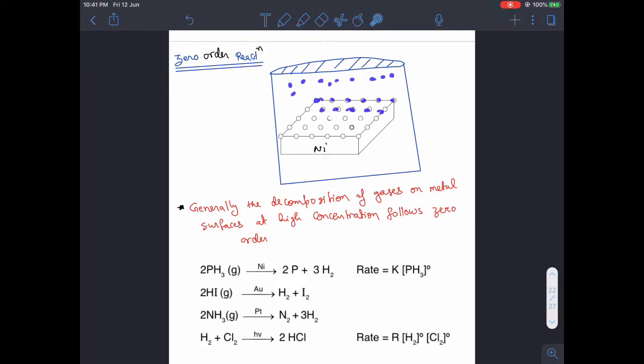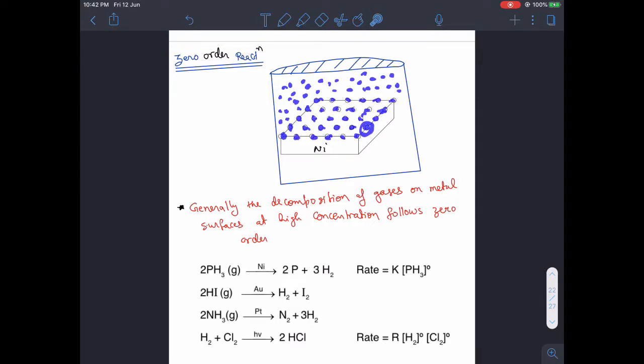Now what will happen if we increase the PH3 concentration? Slowly more PH3 will occupy the surface, and more occupied means more will decompose. If I increase more, these will also be occupied. Once all the sites are occupied, if I keep increasing PH3 more and more above the surface of this catalyst, will it help in decomposition anywhere? No, because all the sites are already occupied.